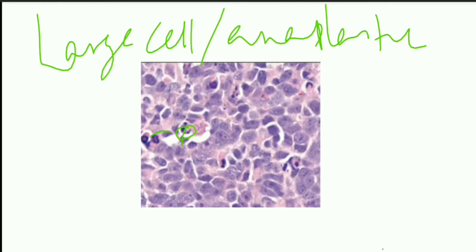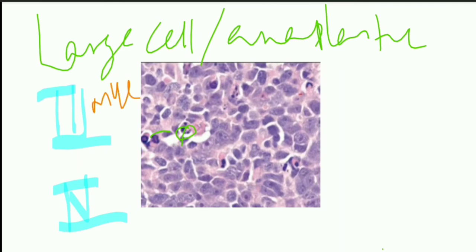You can see this large cell variant in group 3 and group 4. What is the difference between group 3 and group 4? They have many similar features, classical, large cell and all, but the difference is in MYC. In group 3, MYC is positive; in group 4, MYC is negative.